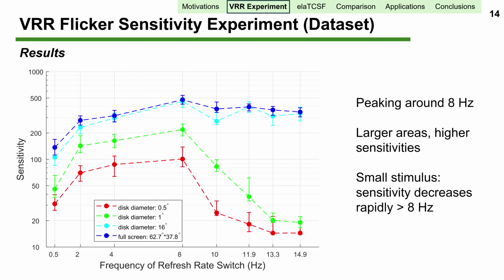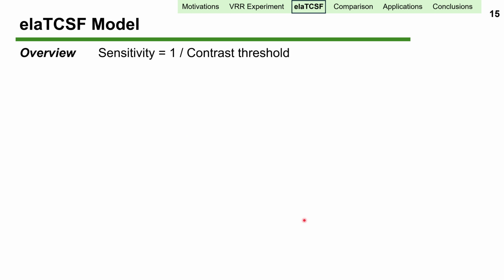First, humans are more sensitive to flicker around 8 Hz, and also the larger the area, the higher the sensitivity. And also, for smaller stimuli, sensitivity drops rapidly at frequencies above 8 Hz.